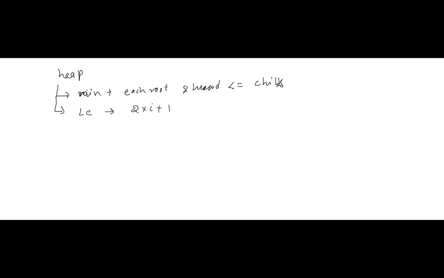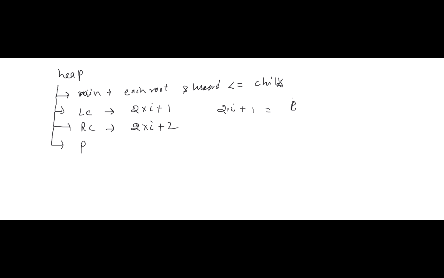If we want to find the right child, we have the formula 2 into I plus 2. And if we want to find the parent, we can generate the formula from here itself. We have 2 into I plus 1 as the child, or let's say I. So what we can do is find this.